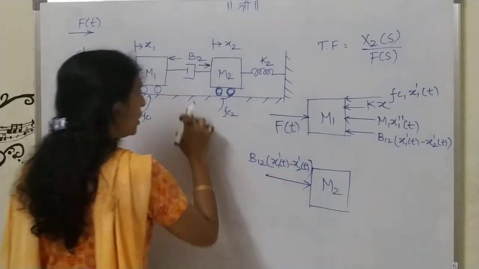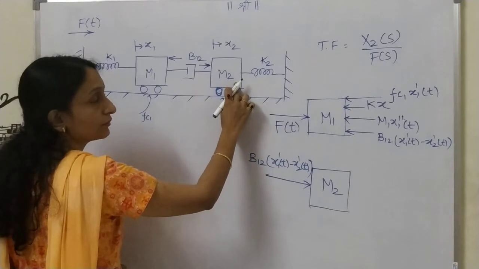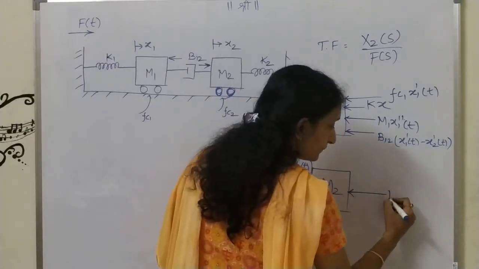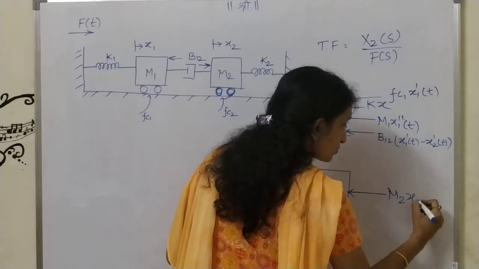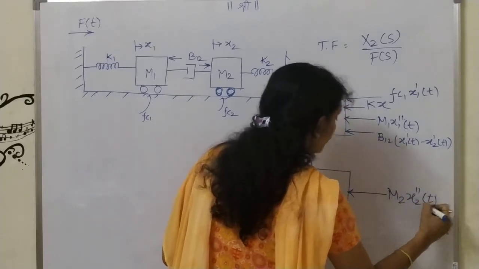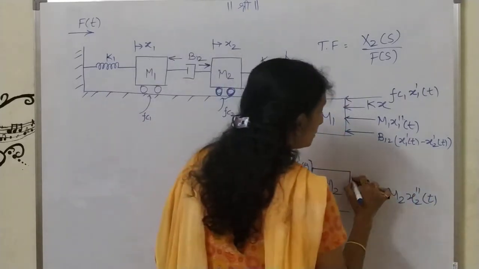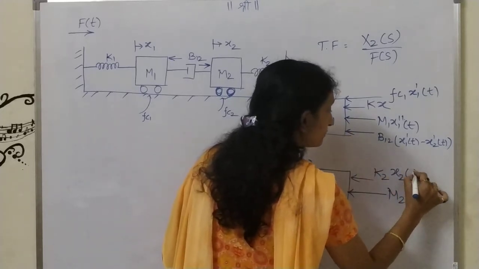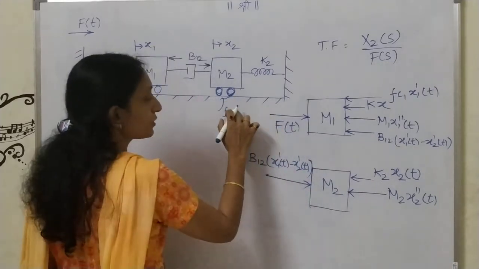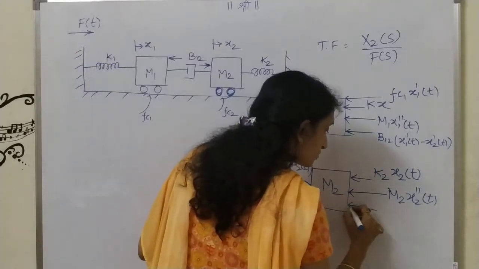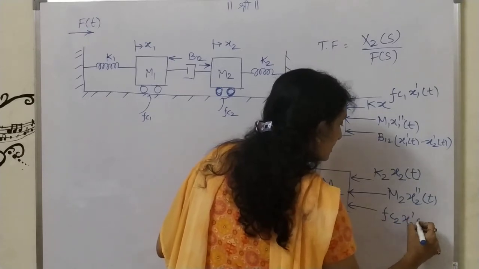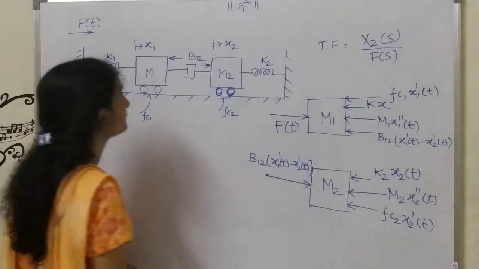Now next, how many components are connected to m2? First of all, the force because of m2, so m2 x2 double dash of t. The force because of K2, so this is K2 x2 of t. The force because of this friction, so Fc2 x2 dash of t.